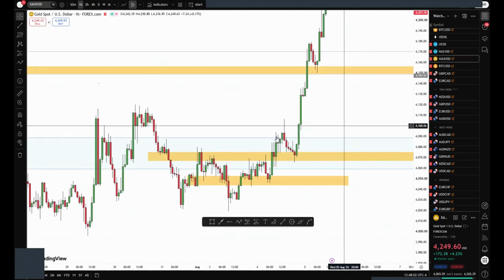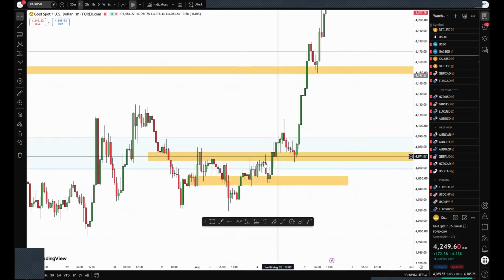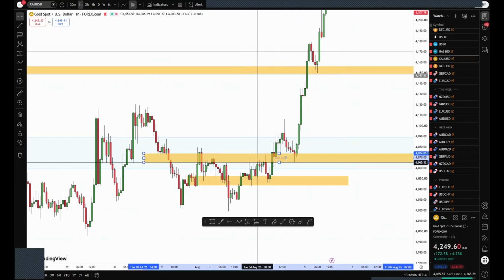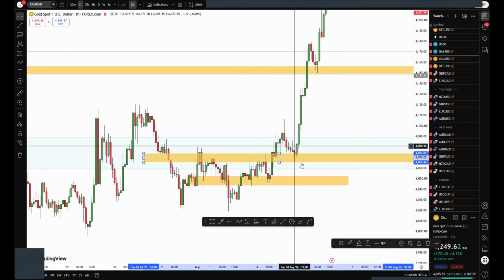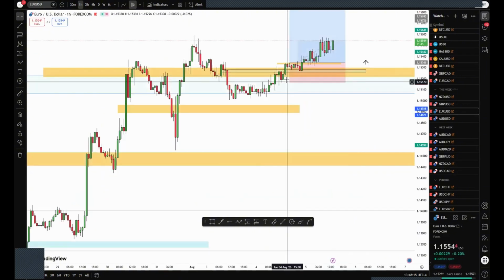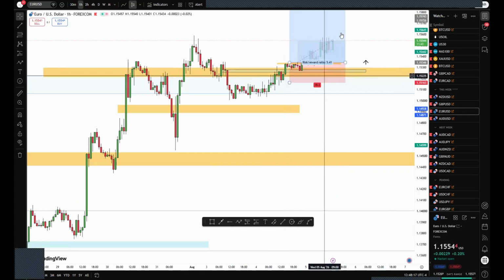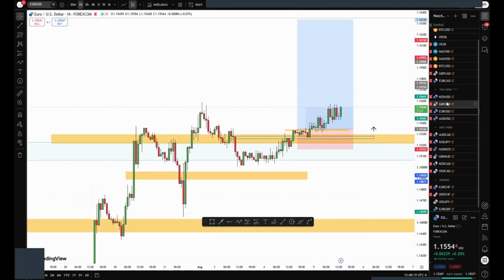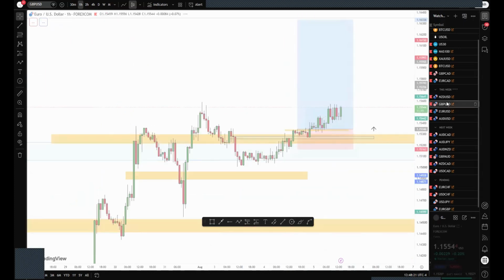You see, it's always once the pivot is broken, the pivot is tested. Once it's tested, it gives you the engulfing, my brother. Let it go, let it fly. Same with Euro USD, it came back, gave you the pivot, we let it fly. Same as here.